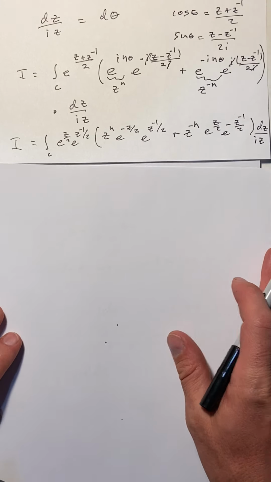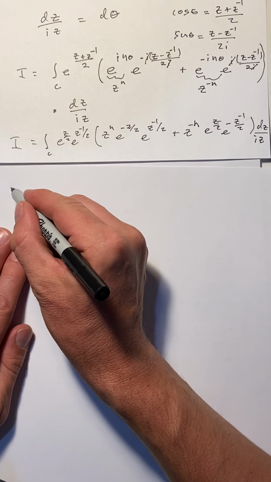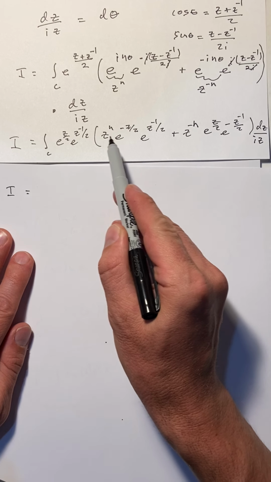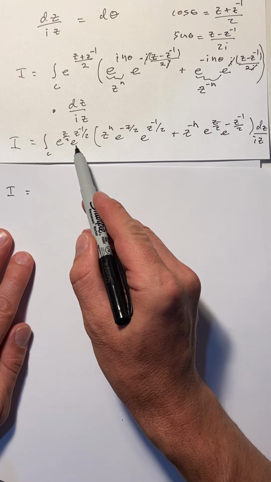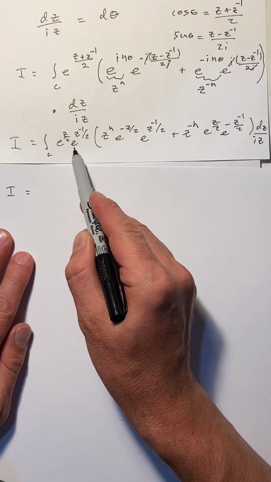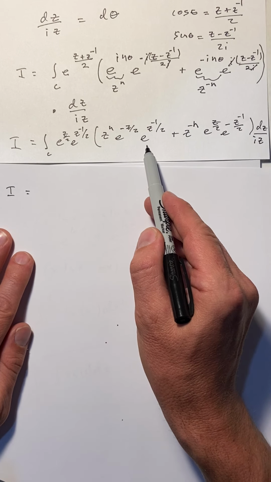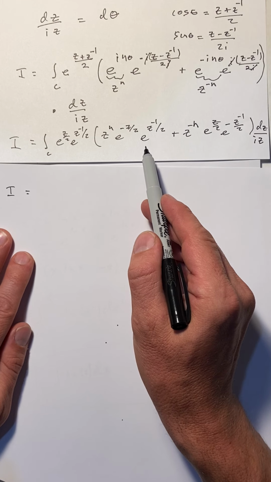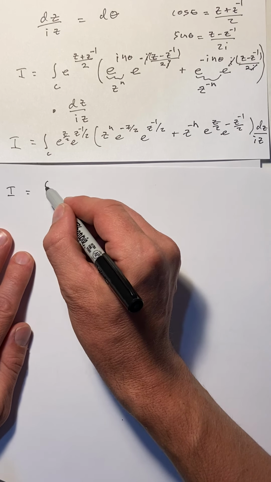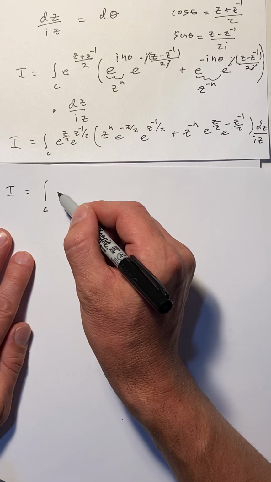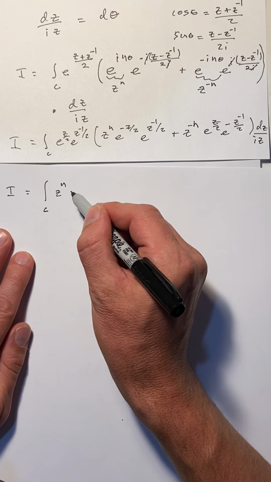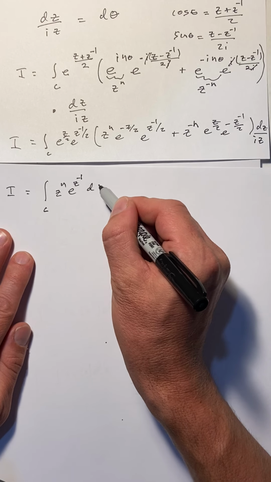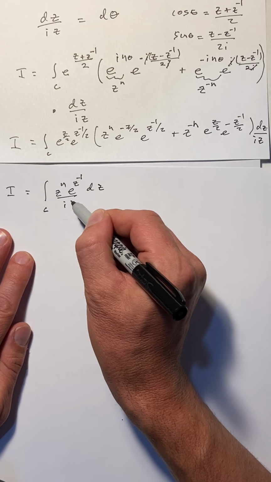So rewriting just a little bit, I get that I is equal to, notice this e to the z over 2 will cancel with this one, and then this e to the z to the minus 1 over 2 and this e to the z to the minus 1 over 2 will give me an e to the z to the minus 1. So I get the first integral is z to the n e to the z to the minus 1 dz over iz.